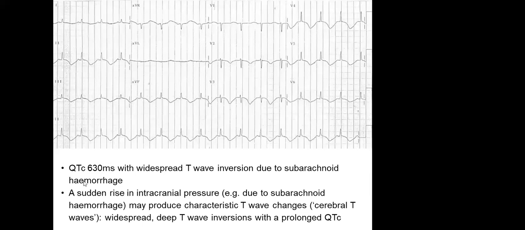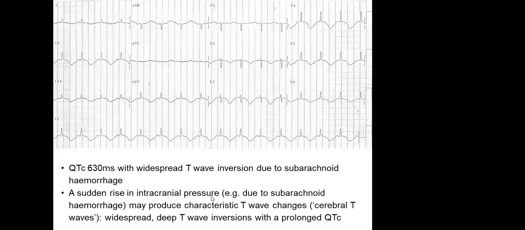Similarly here, when the corrected QT interval is checked, with widespread changes, there is a positive R wave deflection with J point inflection and negative T wave inversion, and this is a typical presentation on ECG with subarachnoid hemorrhage.